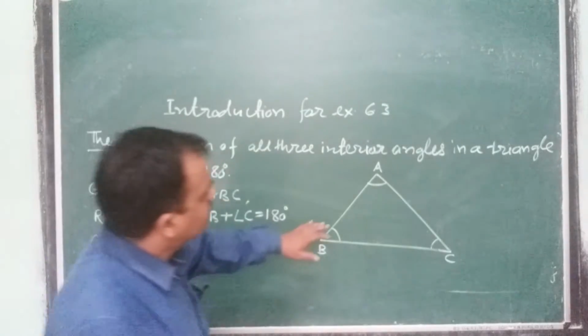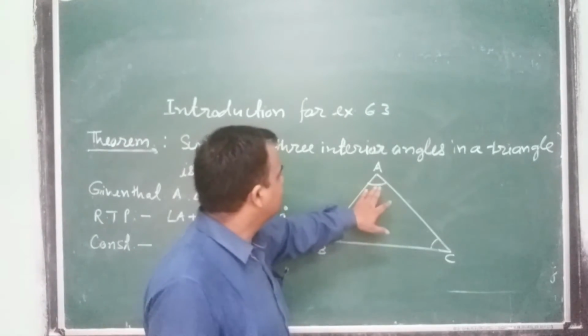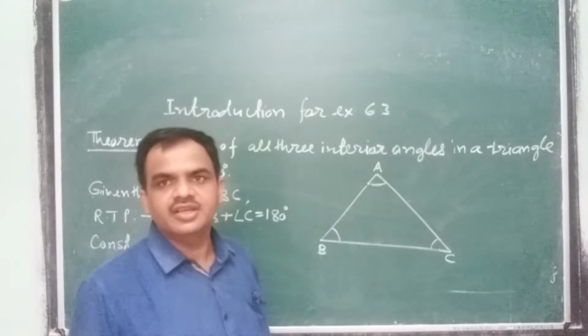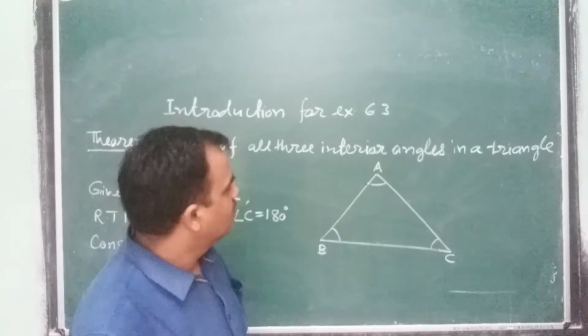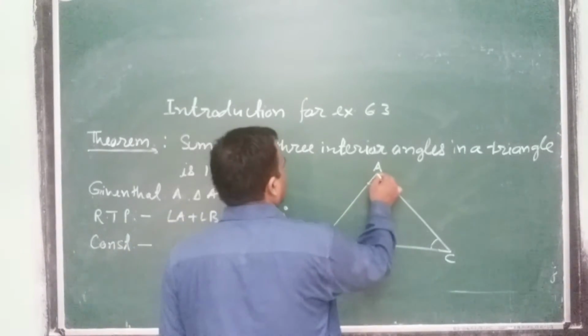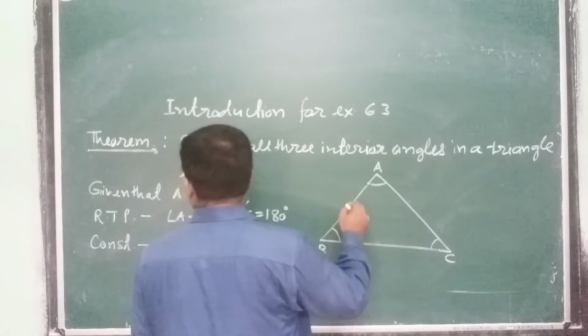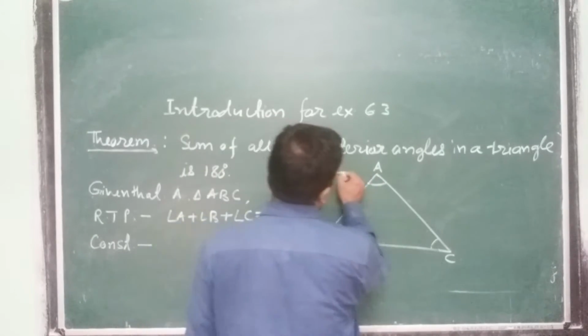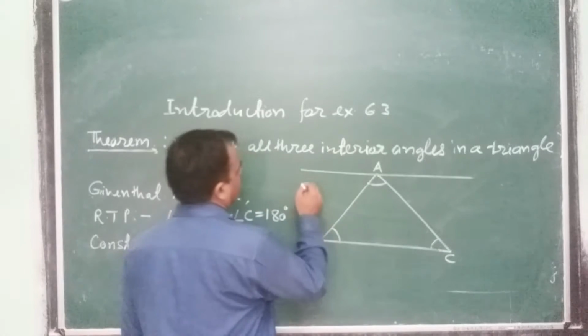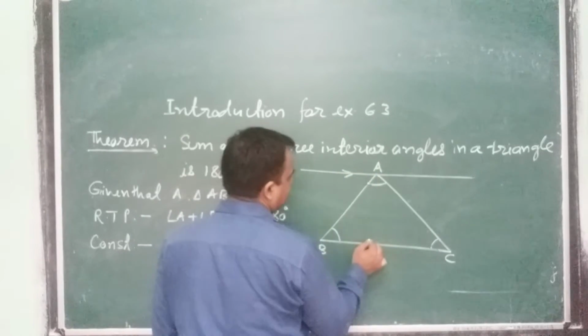To prove that the sum of these three angles A, B and C is 180 degrees, we are going to construct a line through A which is parallel to BC.